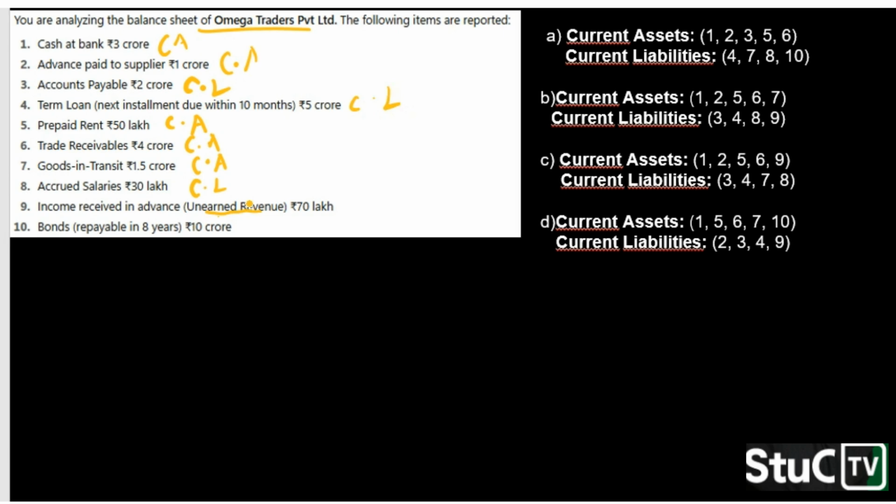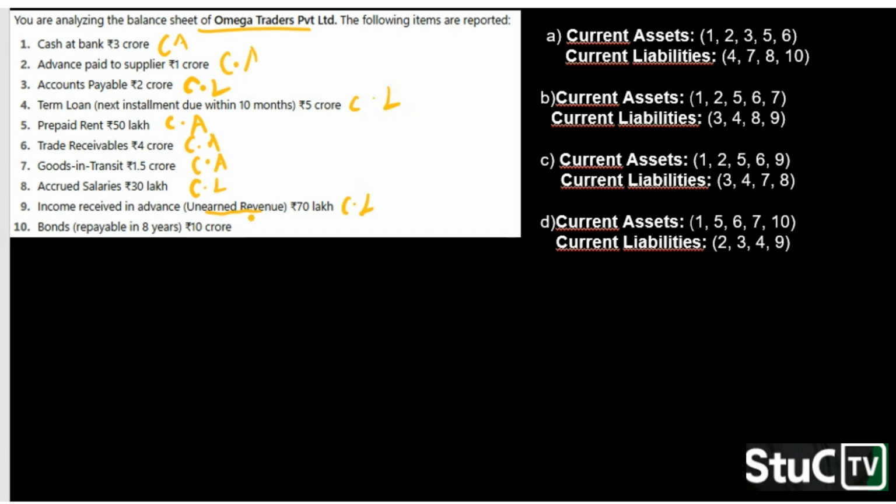If the customer has given the business money, but goods are not delivered, it is not an income which is recognized till now. It is unearned income, just received in advance, so it will be part of current liabilities. It will only be converted into income once you deliver goods to the customer. Until then it will be part of current liabilities.